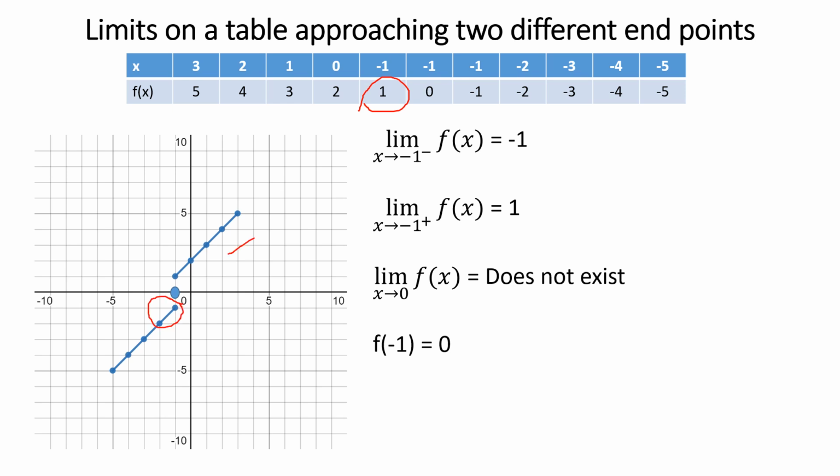When it approaches negative 1 from the right, it approaches 1 right here. Now, it doesn't exist as a two-sided limit because it's not connected. And similar to my previous two slides here, the actual equation for f at negative 1 is 0. Right there.